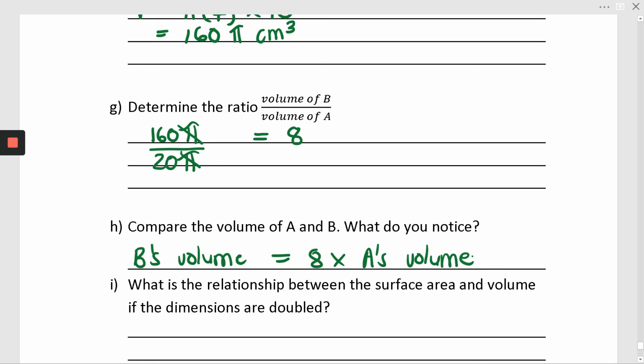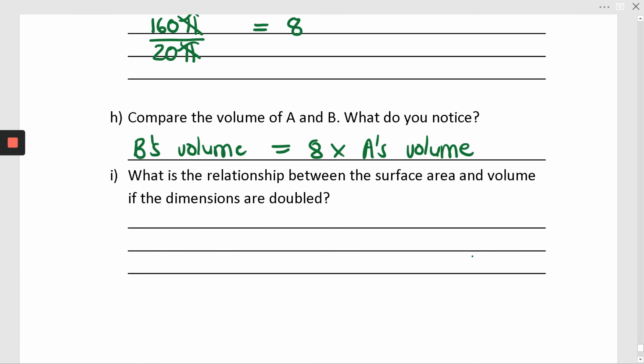Okay, now what we want to know is what's the relationship between the surface area and the volume if the dimensions are doubled. Okay, so let's look at surface area. Okay, when you double the dimensions, the surface area multiplies by 4, which is the same as multiplying by 2 squared, right?